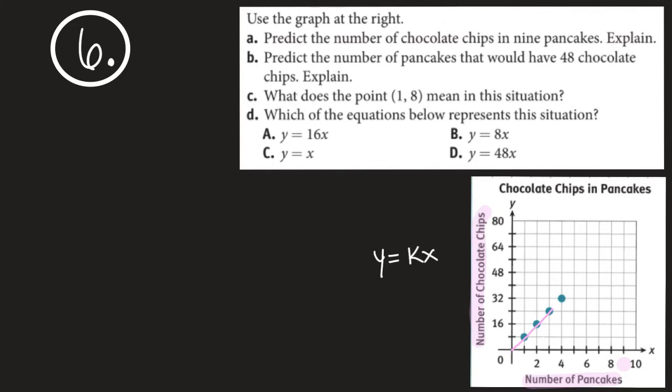So here's the line right here. If you can't tell, it goes up like this. So let's go ahead and grab when x is 2. When x is 2, y would be 16.